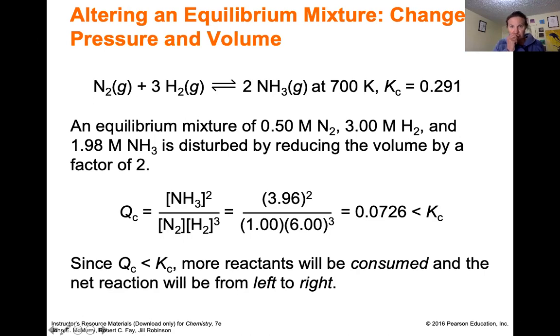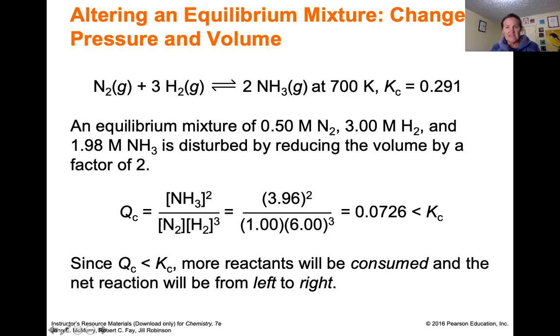So this is the same reaction, and we disturb it by reducing the volume by a factor of 2. If you reduce the volume by a factor of 2, then you're dividing each of these by 2. So the 1.98 divided by 2, reducing the volume, divided by 0.5.